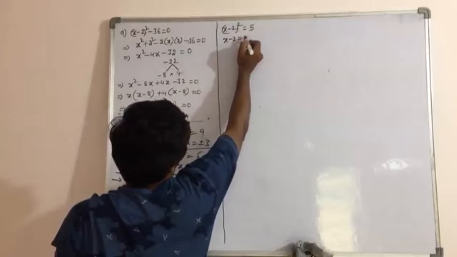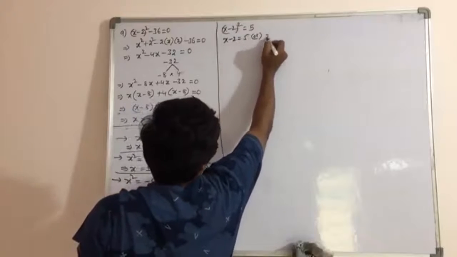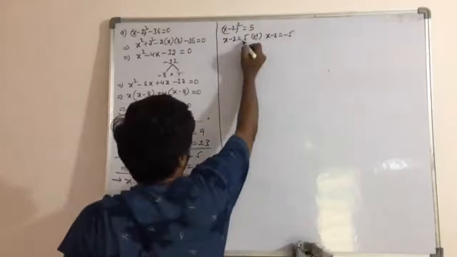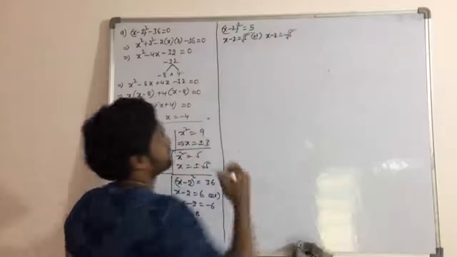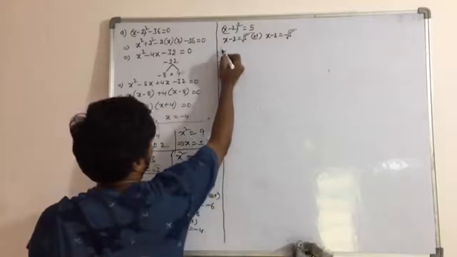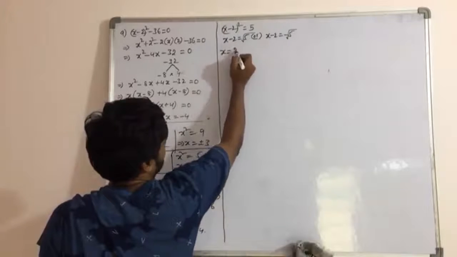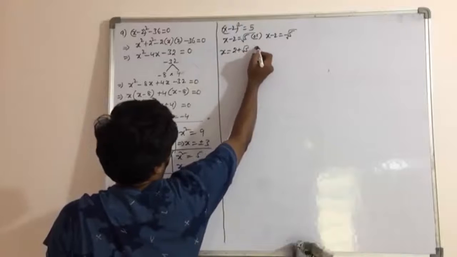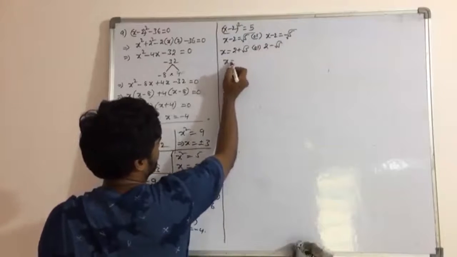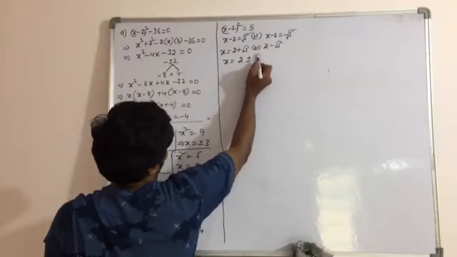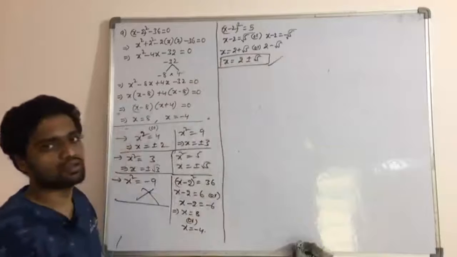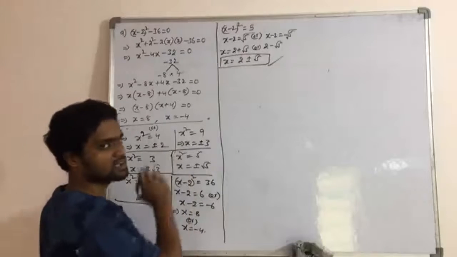X minus 2 is equal to plus root 5 or x minus 2 is equal to minus root 5, which means x is equal to 2 plus root 5 or 2 minus root 5. So 2 plus or minus root 5. Is that clear to everyone?